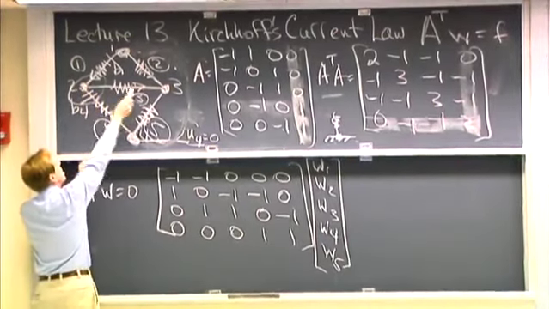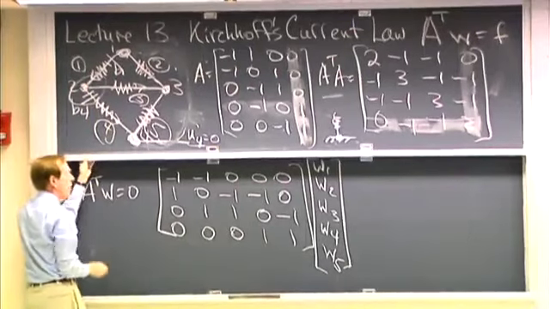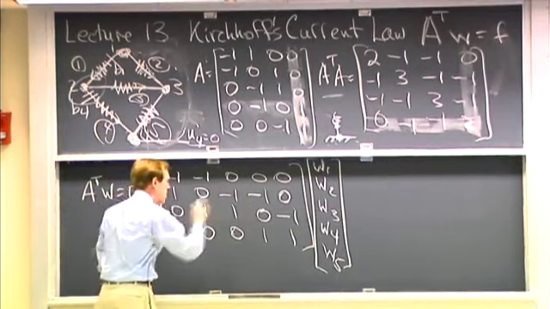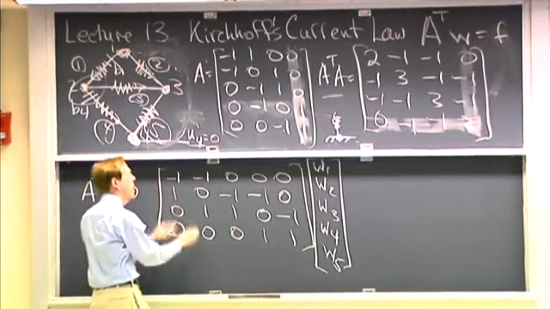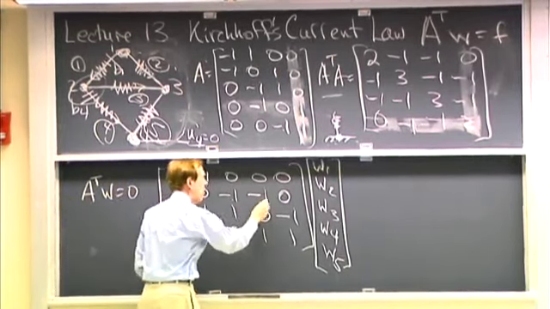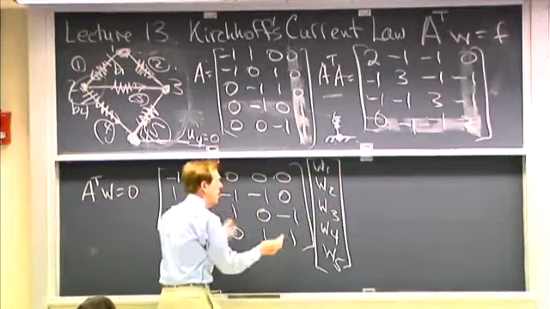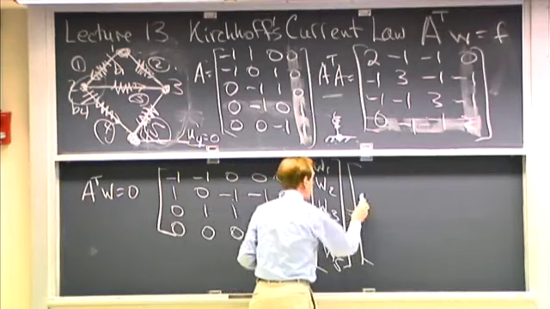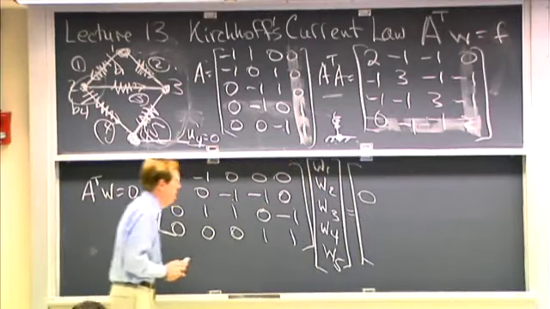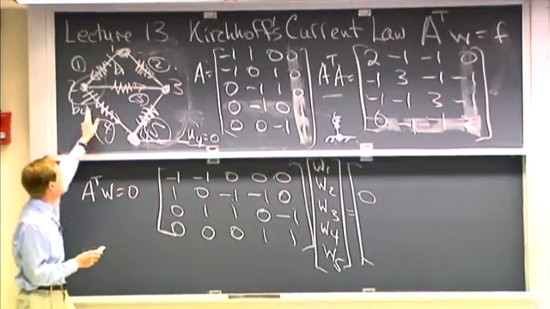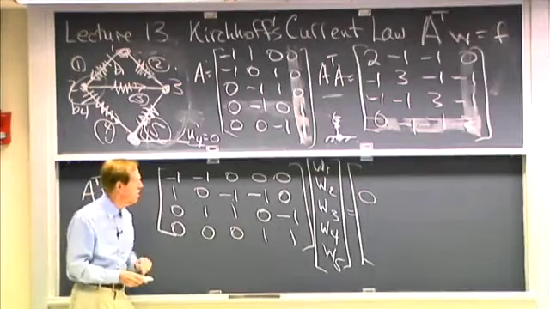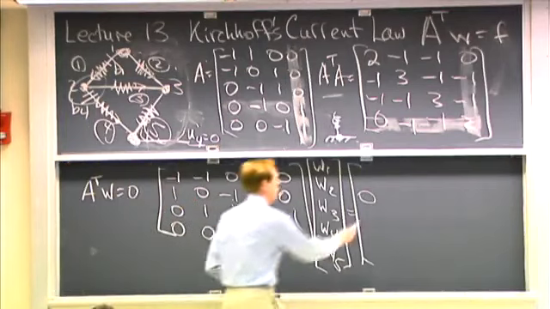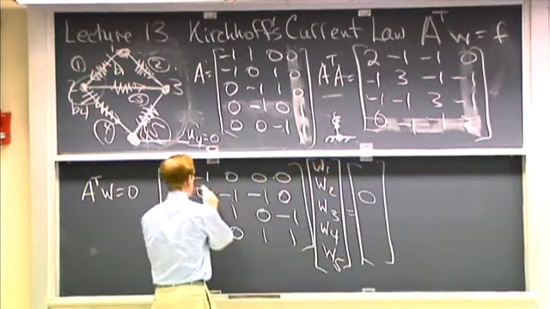I see edge 3 going out. I see edge 4 going out. And when I look at that second node, I look here at the second row, I see edge 1 coming in, edge 3 and edge 4 going out, multiplying those currents. And that current balance there gives that 0. Right? That current balance at node 2 gives that 0 in the right-hand side. And then, of course, other zeros are here too.